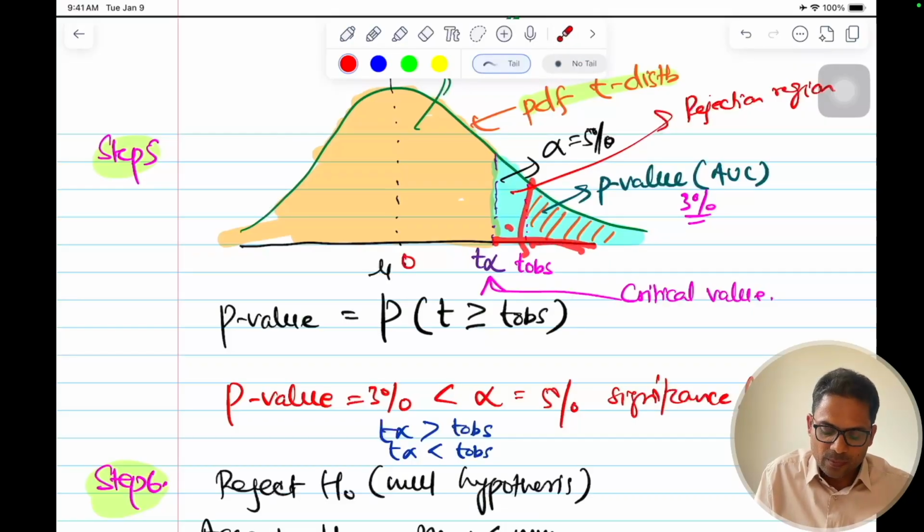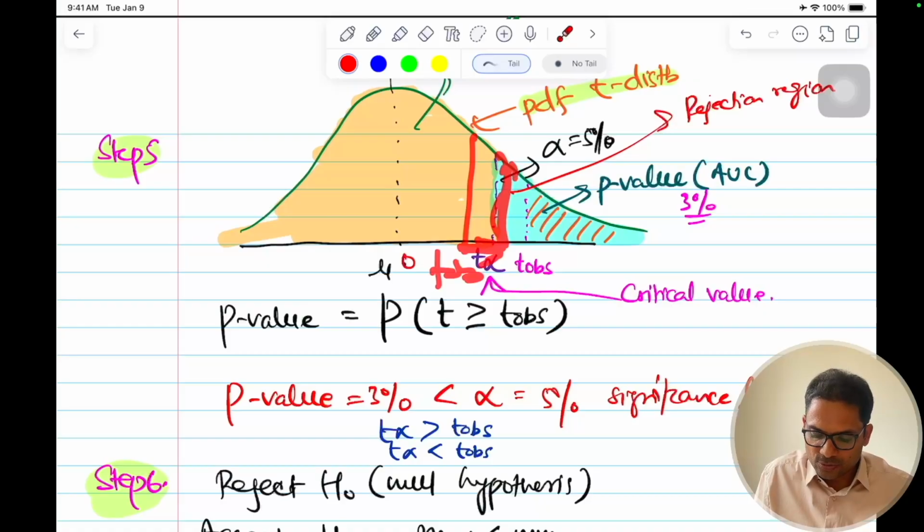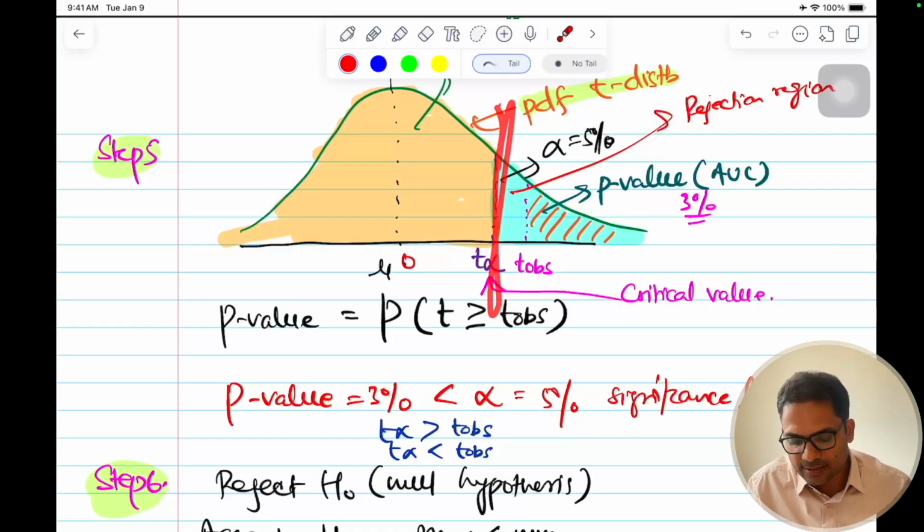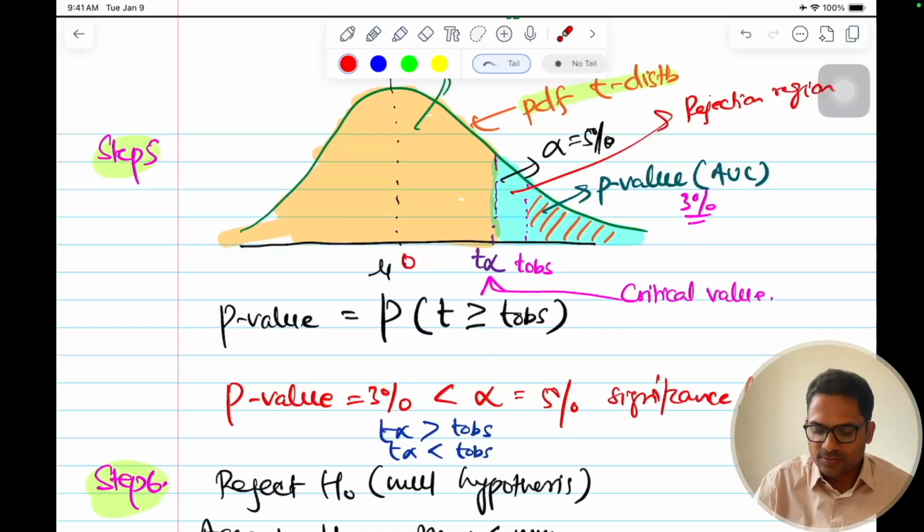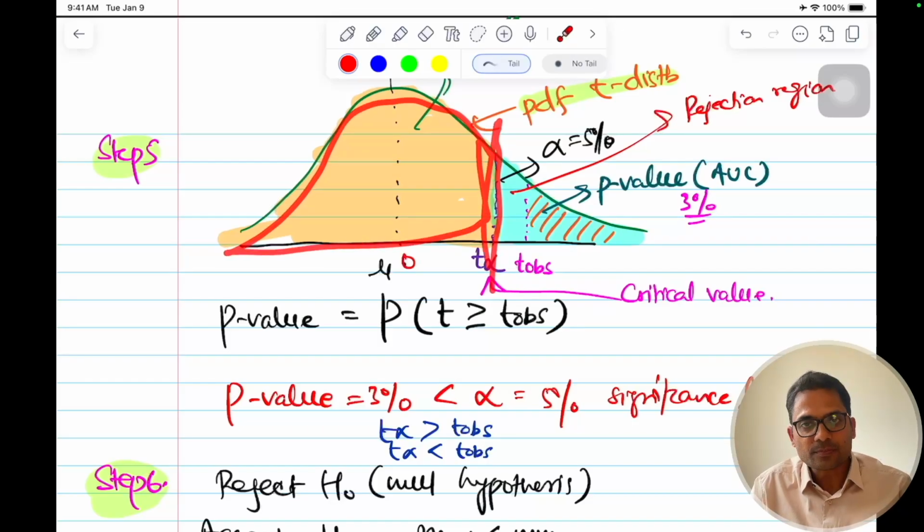If T alpha is on the right of T observed, then my T observed is well within the acceptance region, so I will accept the null hypothesis because it is more than the significance level. At least 95% of the region should be in the acceptance region and 5% in the rejection region. So this is my critical value, T alpha.